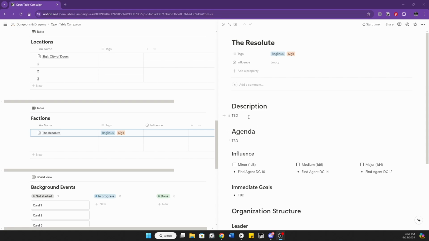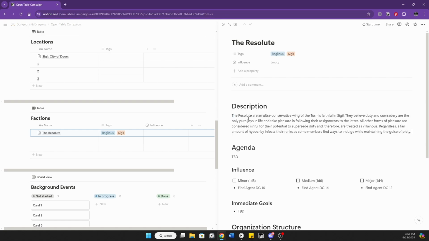So the first thing that we're doing is a description. And this is just broad strokes, general vibe, feel, really just a couple sentences describing this faction and who they are. In this case, I wrote, the Resolute are an ultra-conservative wing of Torm's faithful in Sigil.